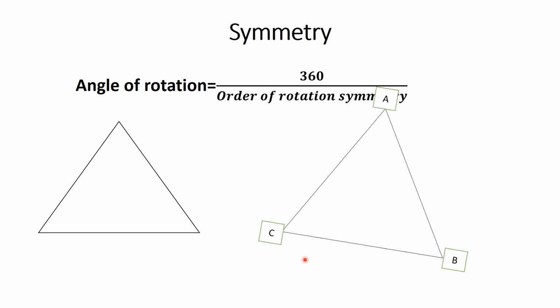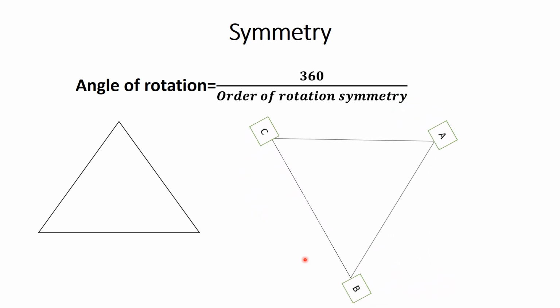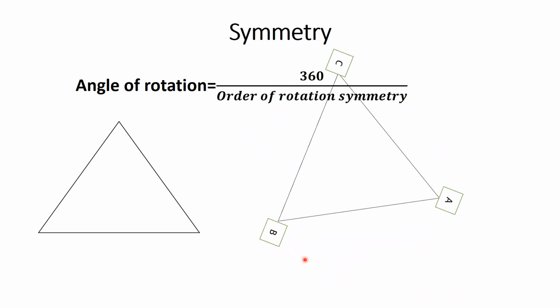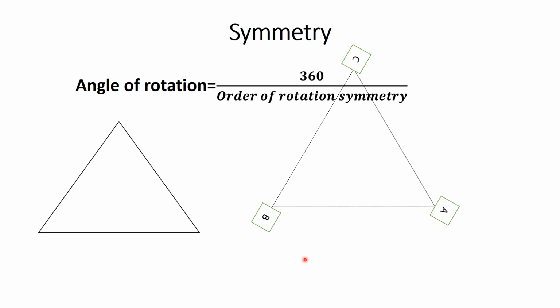So if we start, okay. So you have seen it looks exact as it did before. Okay, don't mind the A, the B, and the C. They're just there to show us the corners. So this corner A at first was here, but now it has gone here. So here we count it as 1.